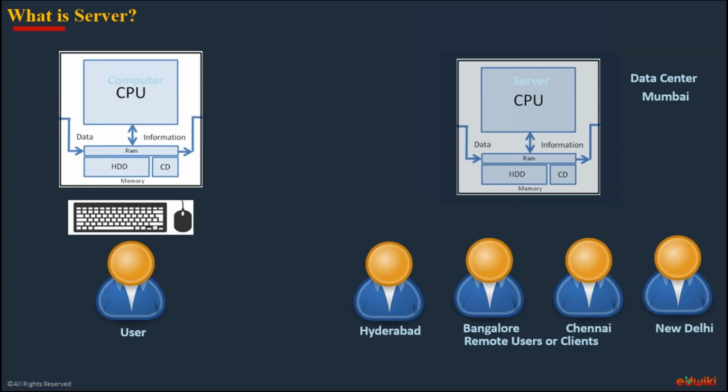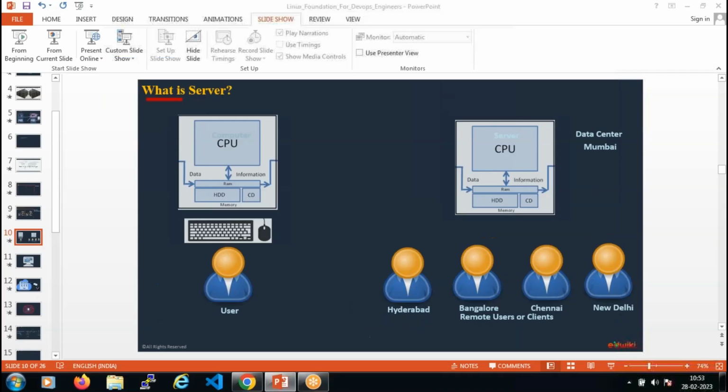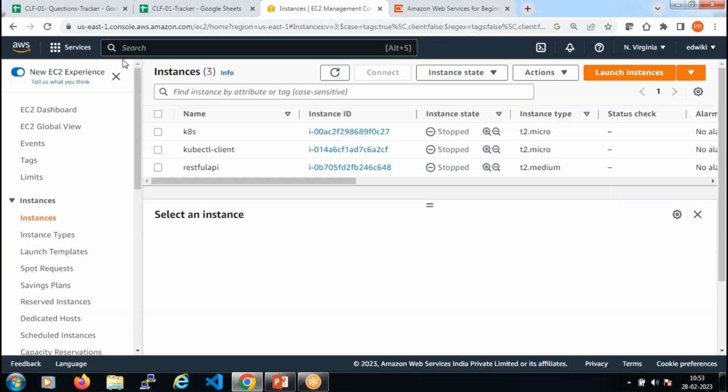So when you go and ask AWS for a server, of course, you can use the AWS management console and take the help of the EC2 service to order a server that you like. But whenever you ask AWS to give you a server, AWS has to create it in the corresponding data center where they are maintaining the data center and give you a server.